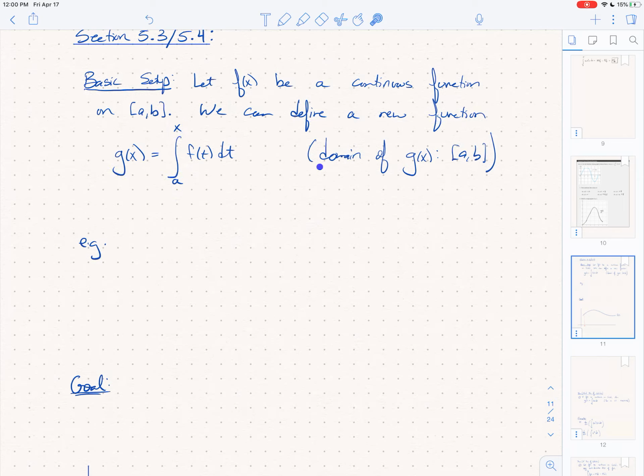And please realize that the domain of g of x makes sense from a all the way out to b. If f is continuous on a to b, then you can plug x values between a and b in.